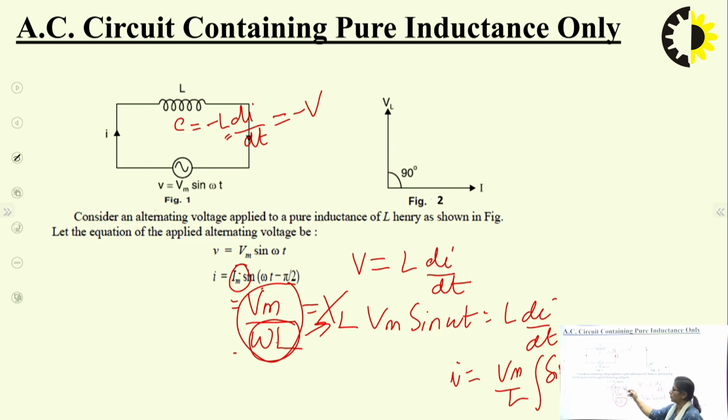So from these two expressions, what am I getting? This is the expression for voltage. What is the phase of the voltage? That is 0. What is the phase of the current? That is minus pi by 2. Am I correct?